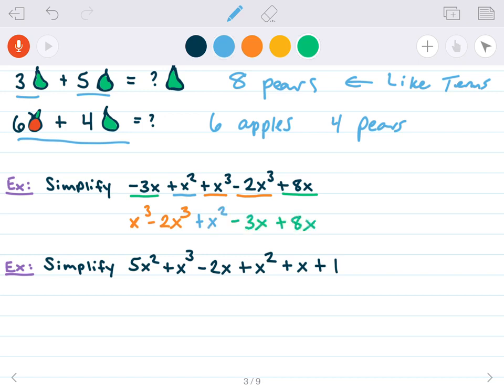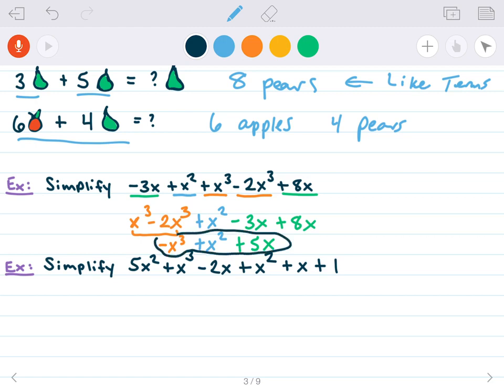And at this point, we can combine them. So we have 1x to the third minus 2x to the third is going to be minus 1x to the third, or minus x to the third. This guy just carries down because he doesn't have anything to combine with. Negative 3 of something plus 8 of something is going to be positive 5 of something. All right.